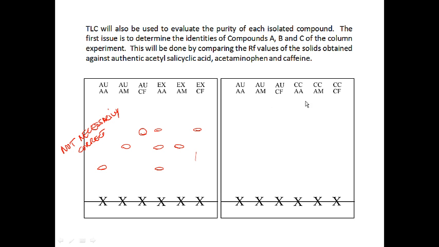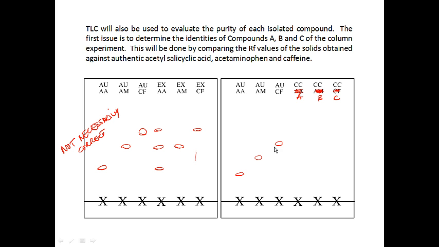In the case of the column experiment, where you've placed spots of column purified A, B, and C, or separated A, B, and C, the main purpose here is that we determine which component is A, B, and C, because you'll have an idea about the purity from the previous TLCs that you ran the week before. So again, you're going to place a spot of acetylsalicylic acid, maybe acetaminophen, maybe caffeine.